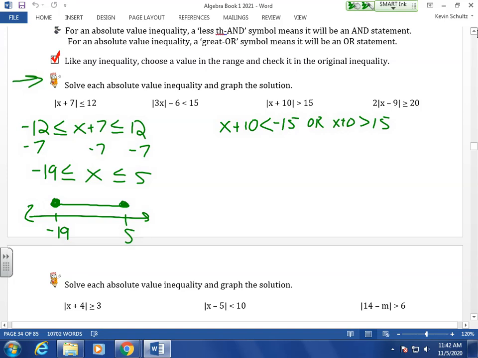Okay? If you want to graph this first, just the original inequalities to help you visualize, right? X plus 10 has to be more than 15 from 0. That means it's got to be negative 15 or further going left, positive 15 or further going right. Right?